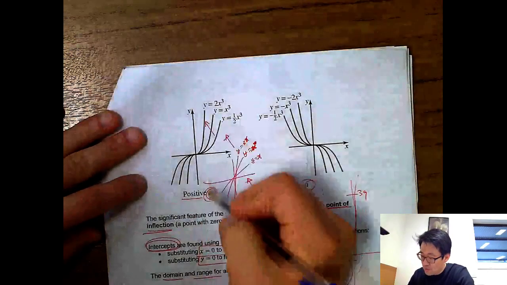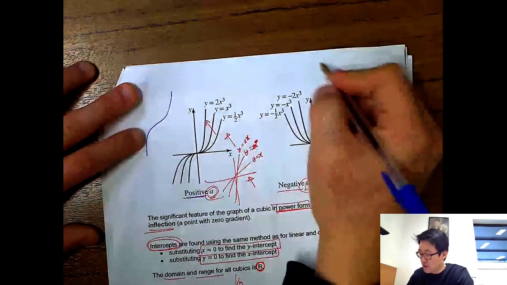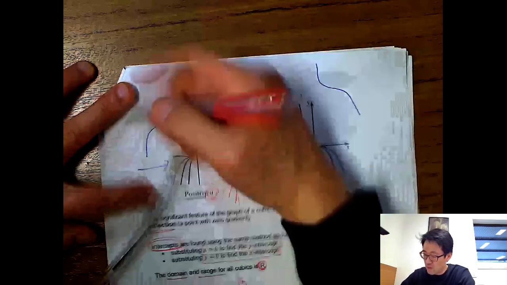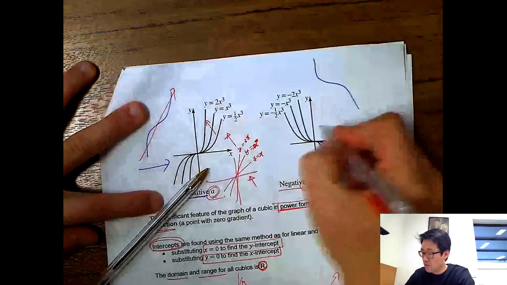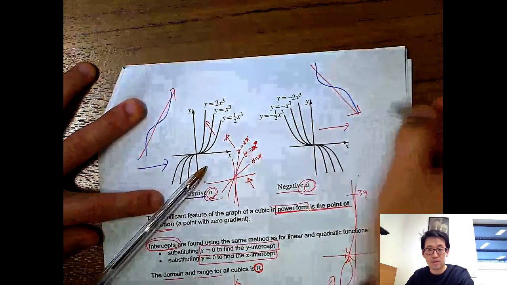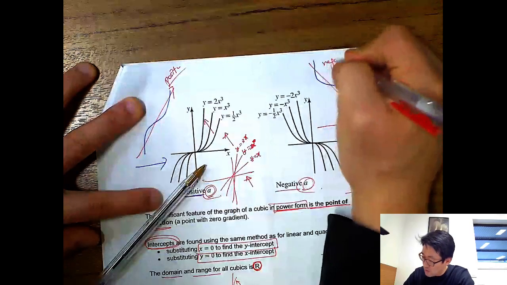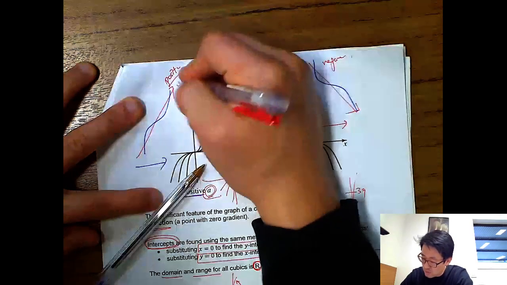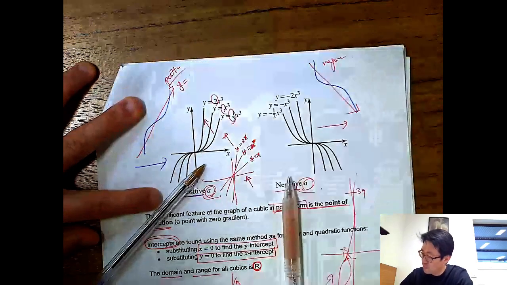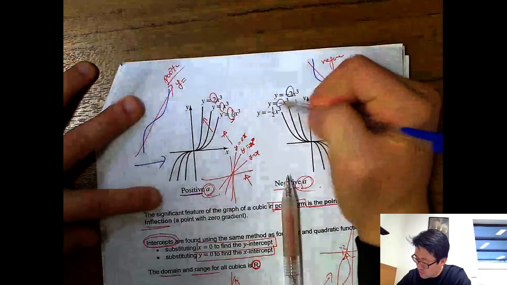Okay, this one, positive, looks like that; negative, going down. When x increases, y increases. When x increases, y decreases. That's why that is positive and negative, which means the number in front of x is positive or negative.